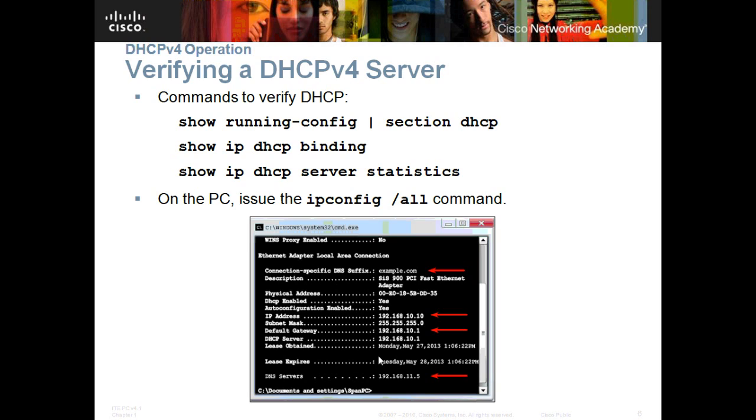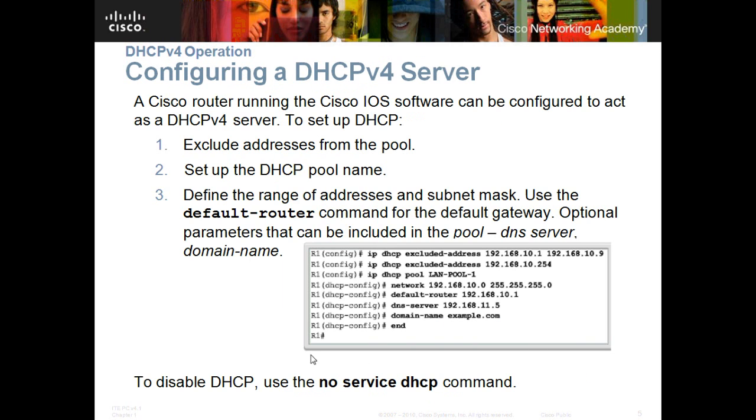Okay, this is how to verify our configuration of the DHCP version 4 server. The first, maybe we can use the show running-config, or in more detail, we use the section DHCP, so we can have the list of the configuration like in here.